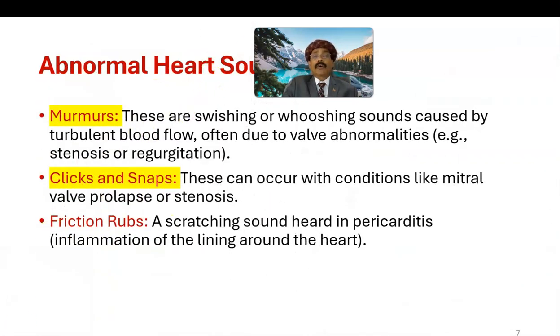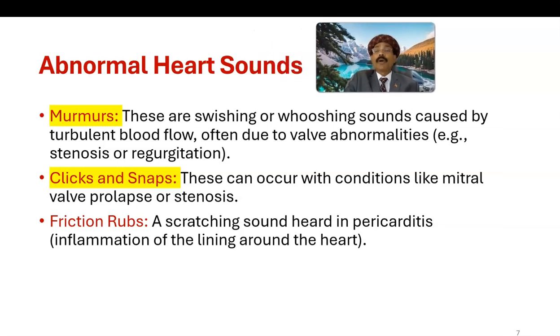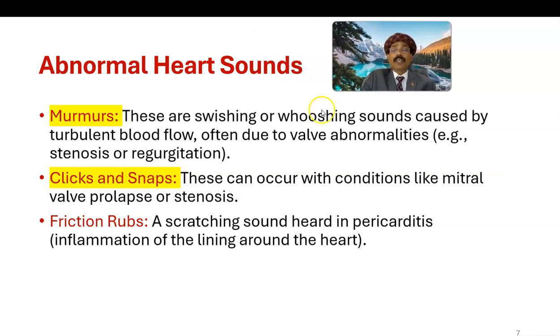There are some abnormal heart sounds. We'll go into details about murmurs in our next videos, so just get a few ideas. Murmurs are swishing or whooshing sounds caused by turbulent blood flow, often due to valve abnormalities, such as stenosis or regurgitation. So the passage is abnormal here, which is why we get the sound.